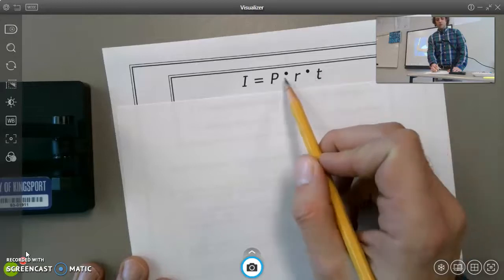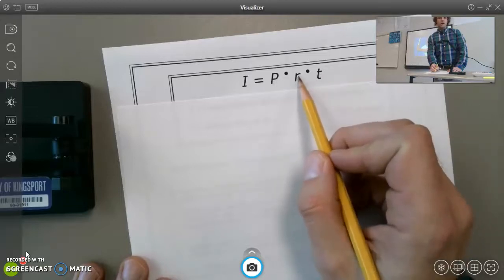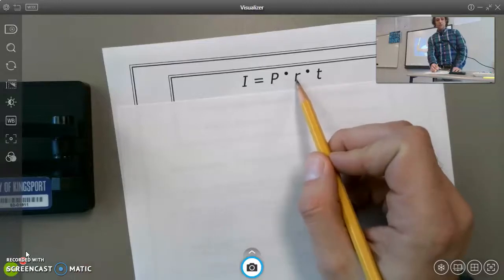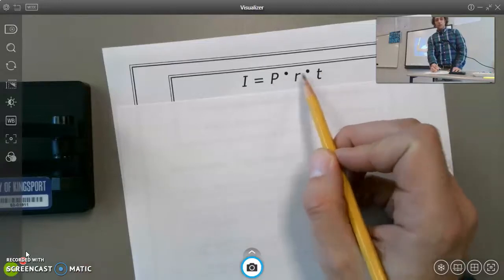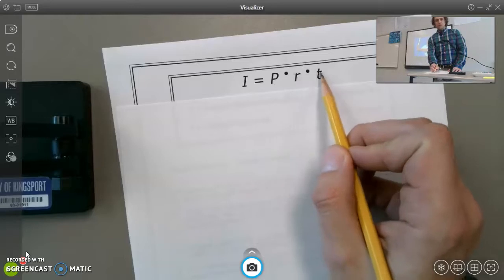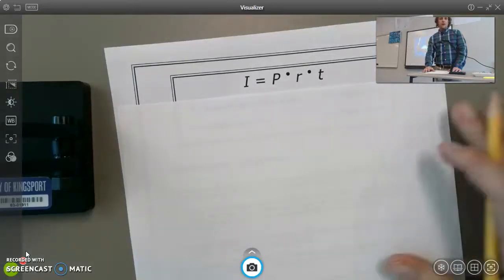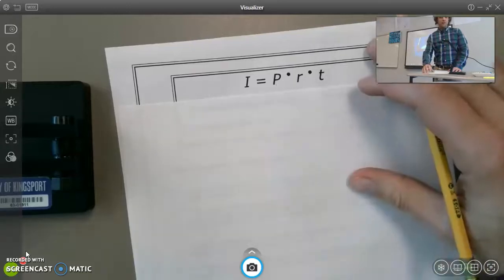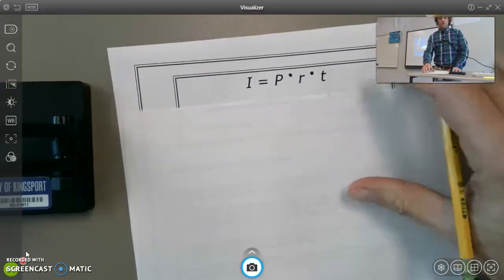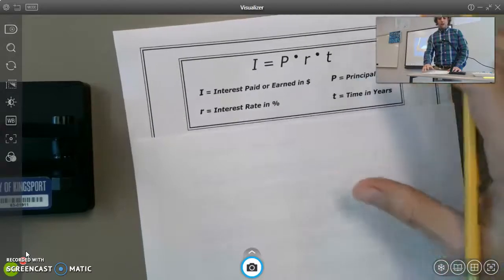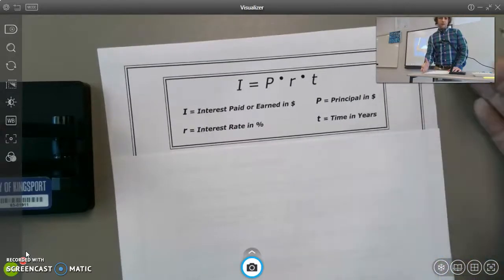So if it's 1 year, it's principal times the rate, like 5%. 5% of your money times 1 year. 5% times 2 years. 5% times 3 years. So every year it increases by whatever that rate is. 5, 3, 2%, whatever. Okay, so all of that is labeled on the worksheet that you can find in Canvas.